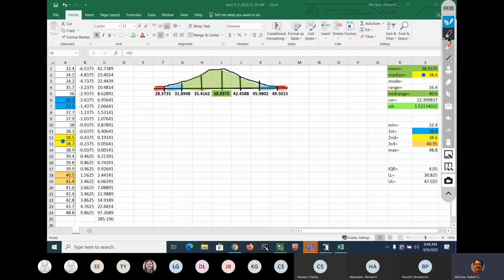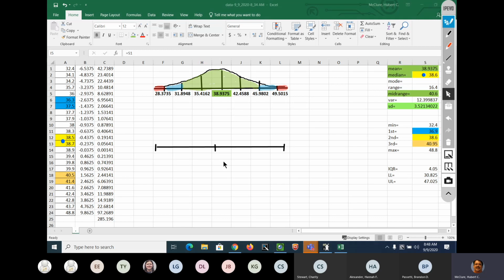Okay, so let's do our 5-number summary, our box plot. So I'm going to draw another number line. And I'm going to put a little end there and a little end here. And I'm just going to cheat a little bit.